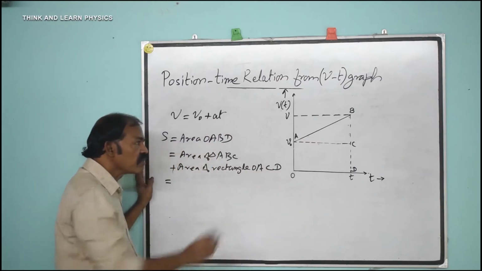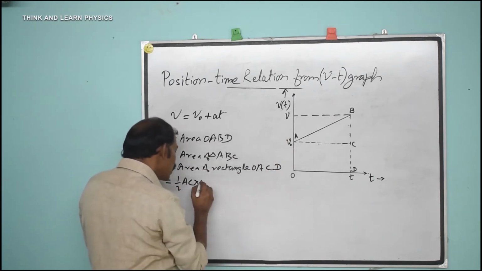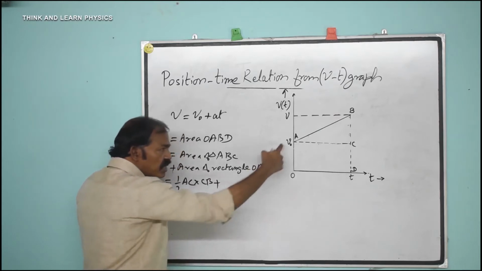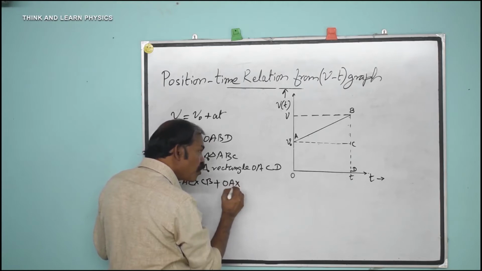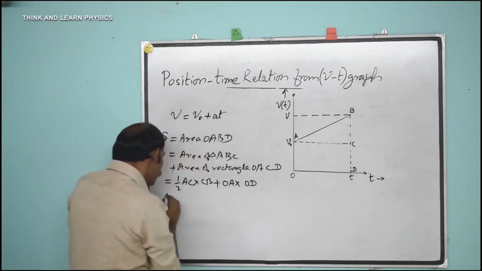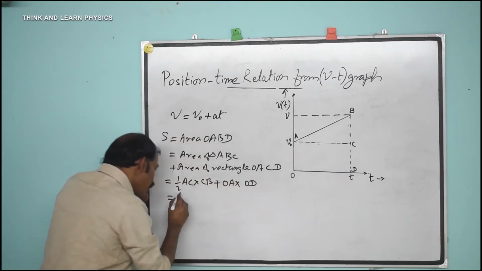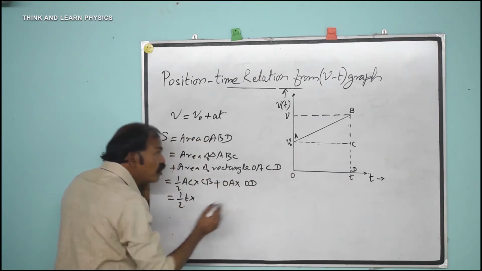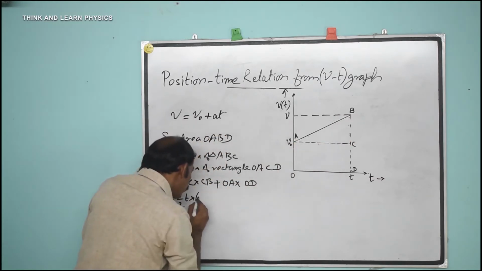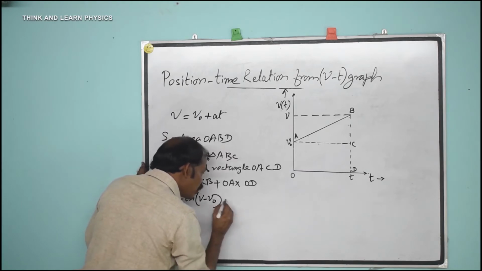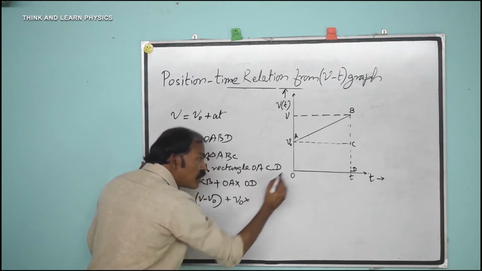This is equal to the area of the triangle, half base AC into altitude CB, plus the area of the rectangle, OA into OD. But AC means the time interval t, therefore half into t into CB, which means v minus v0, plus OA means v0 and OD is again t.